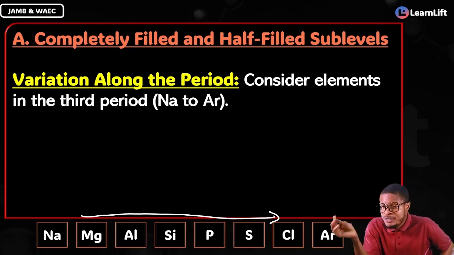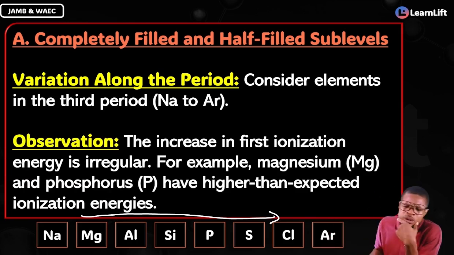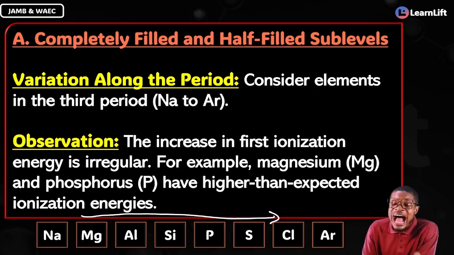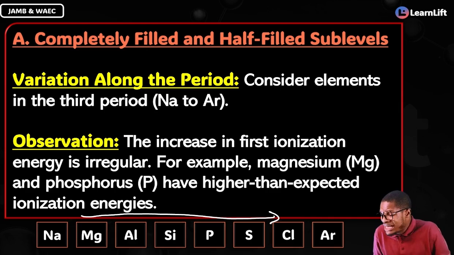That's your third period. Please observe something. We have established that across the period, ionization energy will increase. You already know that. But please understand that the increase in the first ionization energy across this period is not regular. It is irregular. Why is it irregular?